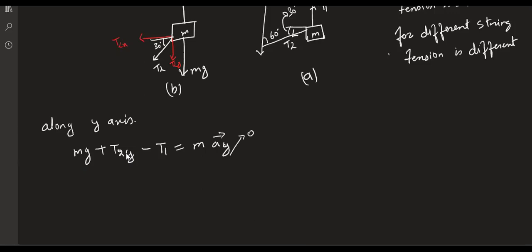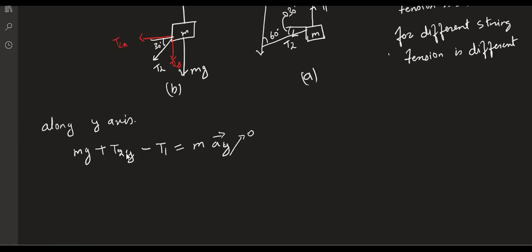I have taken the direction as negative in the upward direction, because when you talk about motion, it will move because of mg now. It will not move because of tension.